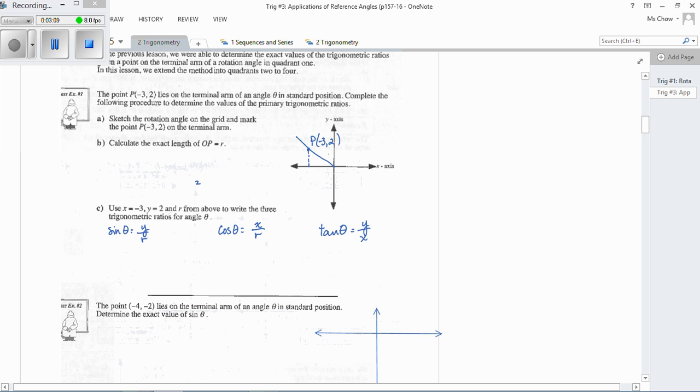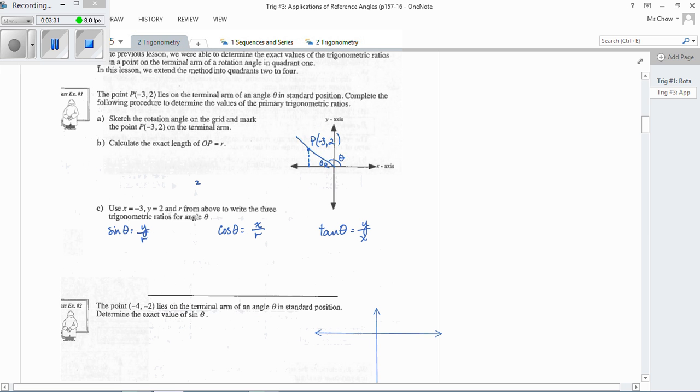This is our angle theta, our rotation angle, and this is our reference angle here, recognizing that they have exactly the same trig ratios except for possibly the positive and negative.